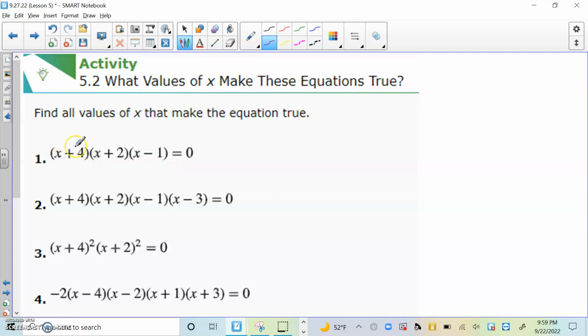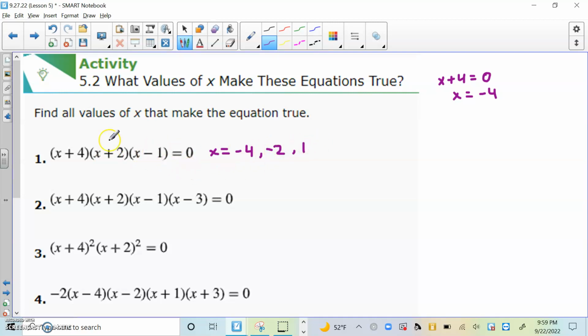So here, if you plugged in a -4 for x, -4 plus 4 would equal 0, right? If I set up an equation and solved it, you would say, oh, x equals -4, great. So we got -4, this one is going to be -2, and this one's going to be +1.